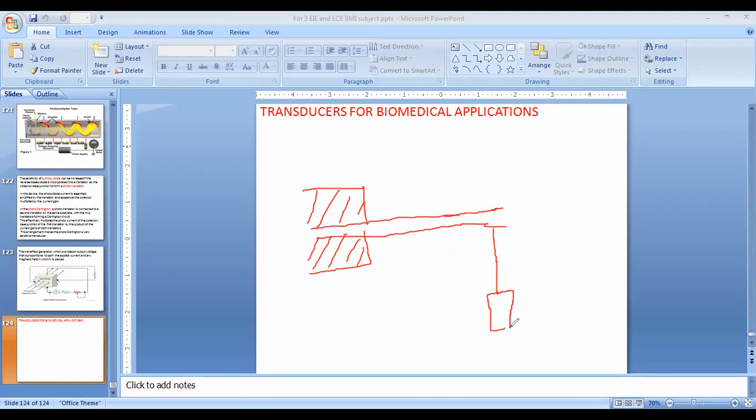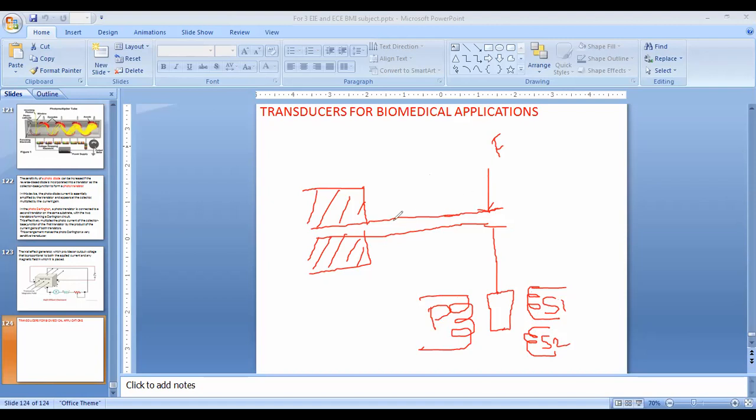This is the LVDT. This is the primary, this is secondary winding 1, and this is secondary winding 2. Here we will apply the force. So these are the force transducers we are discussing here, for measurement of the force.